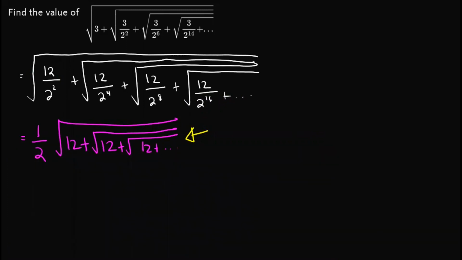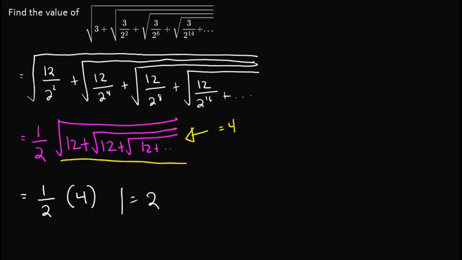So given that, we know that this one out here is equal to 4. So this one is actually equal to just 1/2 times 4, which is equal to 2. And that is the final answer for this one.